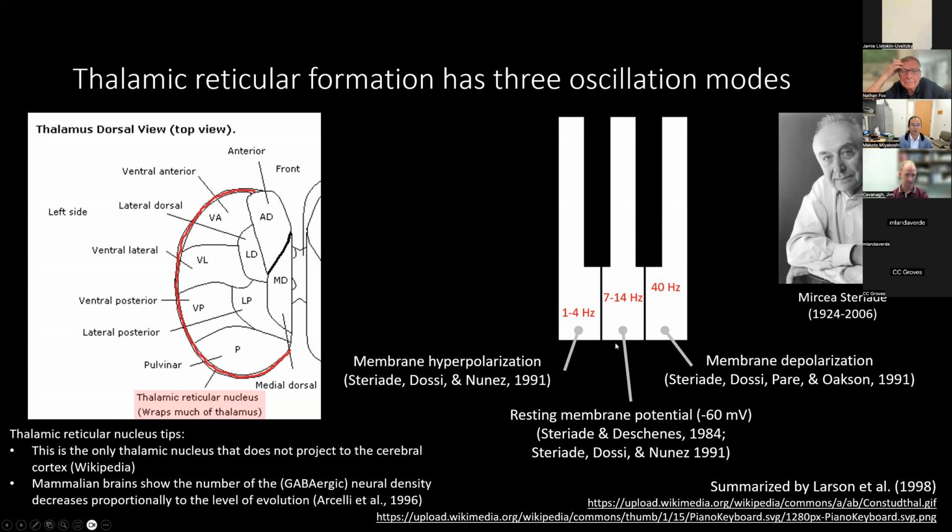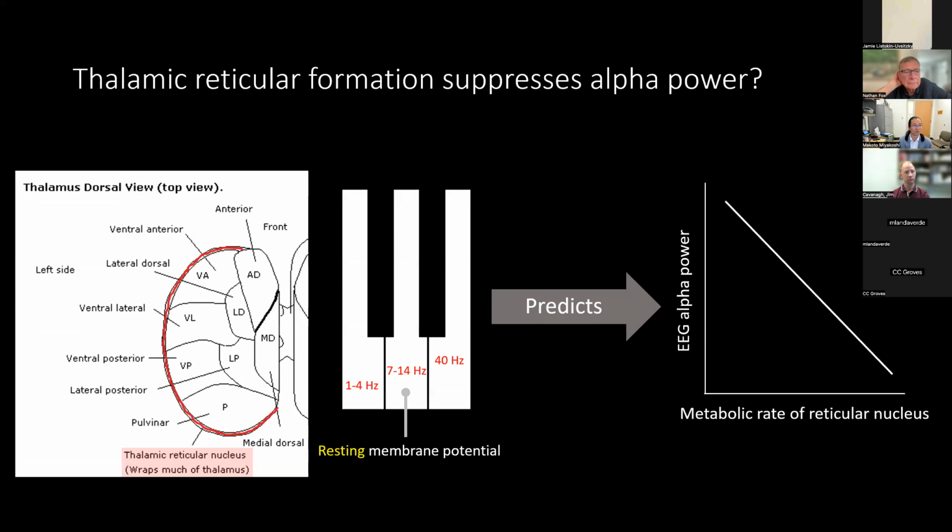And he also found that this 7 to 14 hertz, which is practically the alpha band, is associated with the resting membrane potentials. So this means that if we observe the 7 to 14 hertz oscillation in this reticular nucleus, then via the thalamocortical connection, the EEG power at the cortex should be reduced, right?